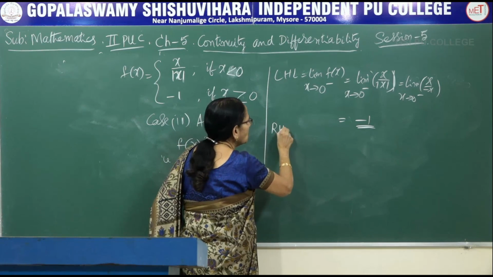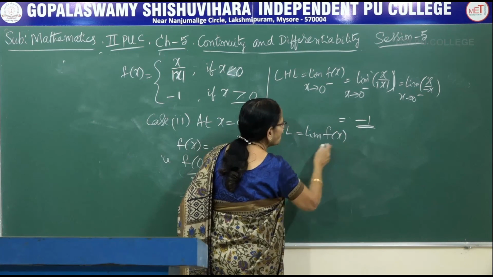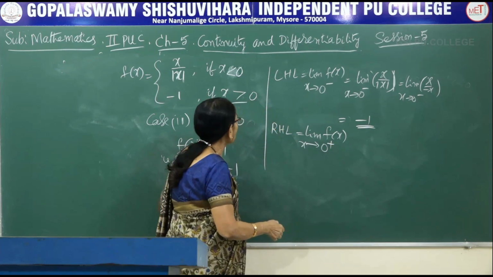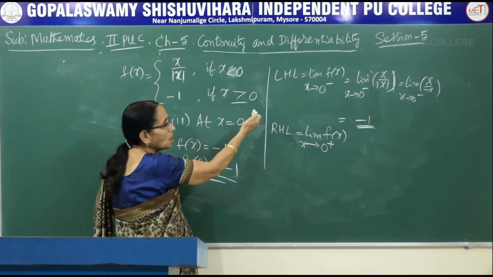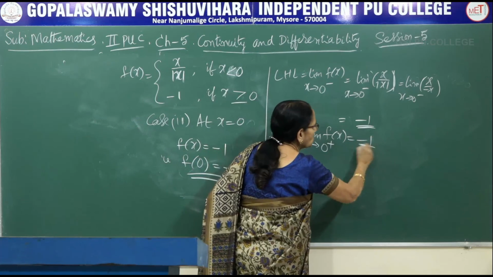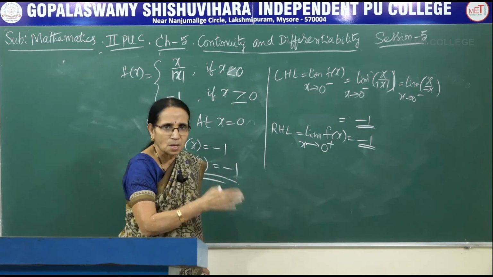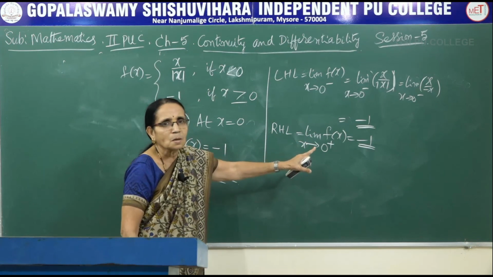Now, come to the right hand limit. That is limit of f of x as x tends to 0 plus. When x approaches through the positive values, it is already given to be minus 1. Because it is a constant, we need not write any value, it remains the same. So, left hand limit is minus 1, right hand limit is minus 1.